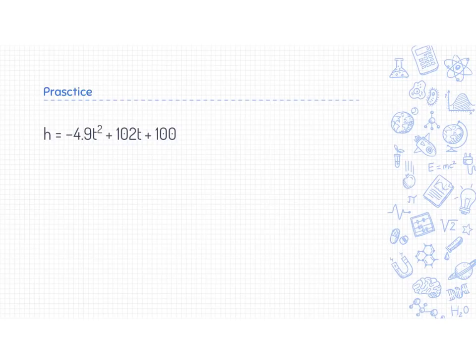Alright, looking at this one, just to give you a little bit of work here, we have our height, which is 600, so we're going to substitute that in for h. Then we subtract that 600 over to get it set equal to 0, which gives us negative 4.9 t squared plus 102 t minus 500.